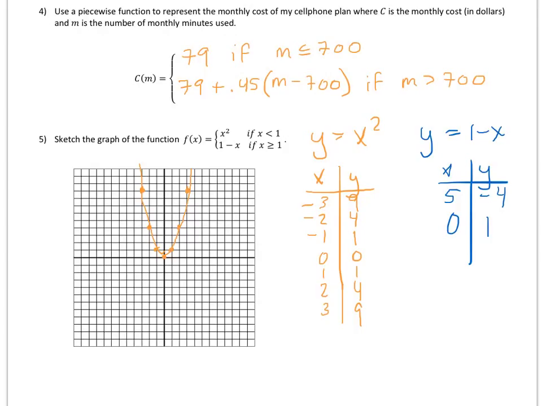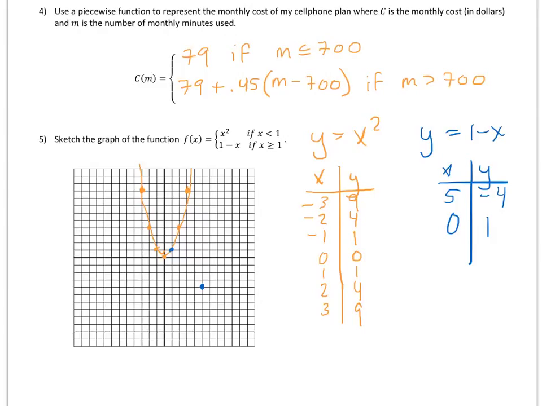Because I know this is a line, I only need 2 points to know what it looks like. So 5, -4, and 0, 1, right there. Just takes 2 points to determine a line.